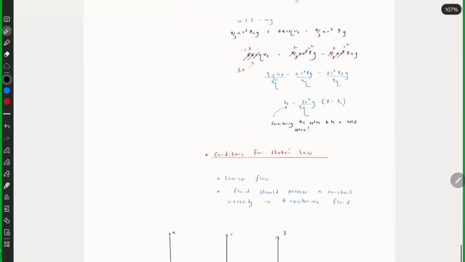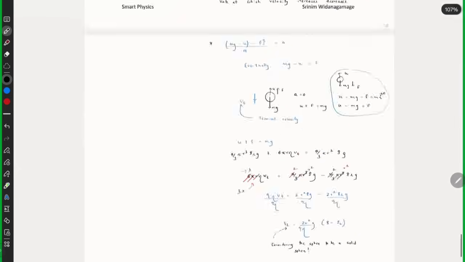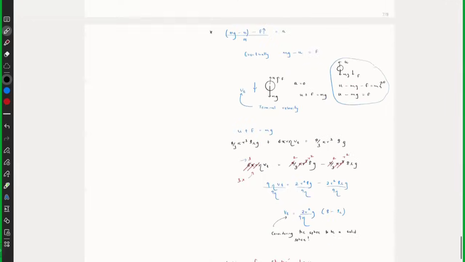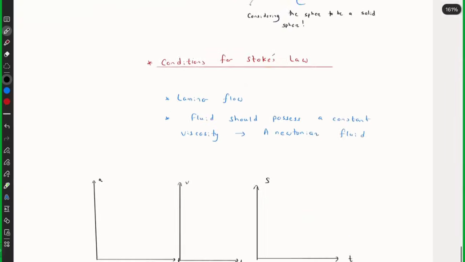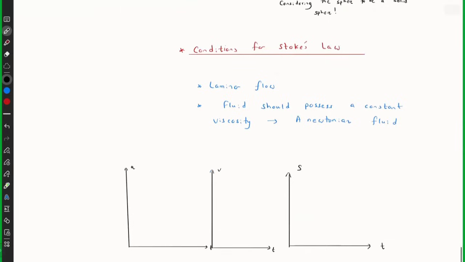Could you all do that? Or should I explain that? I think you all don't have the note, right? Is it difficult without the note? If you just wrote the equation on the side, you might be able to plot the graph.